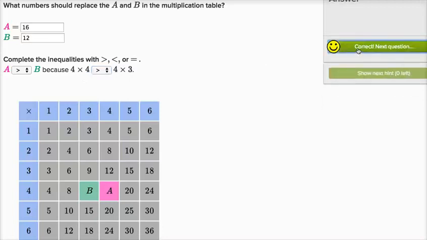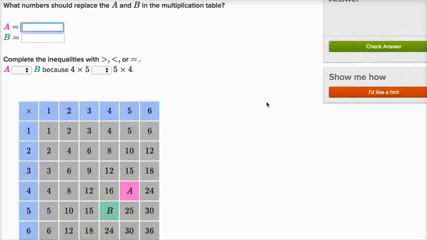Let's do a couple more of these. So now what number should replace a and b in the multiplication table? Same idea. So a should be whatever 4 times 5 is. So it should be 20. Or you could look at its column: 5, 10, 15, 20. Now let's do the same thing for b. B should be whatever 5 times 4 is.